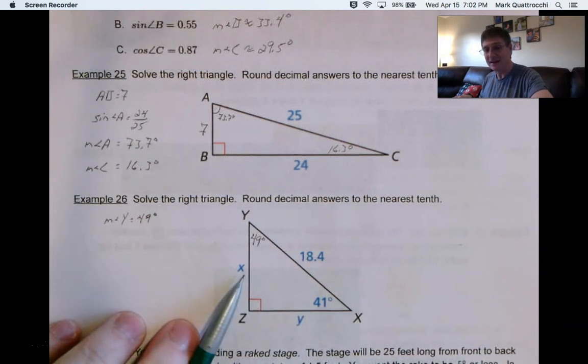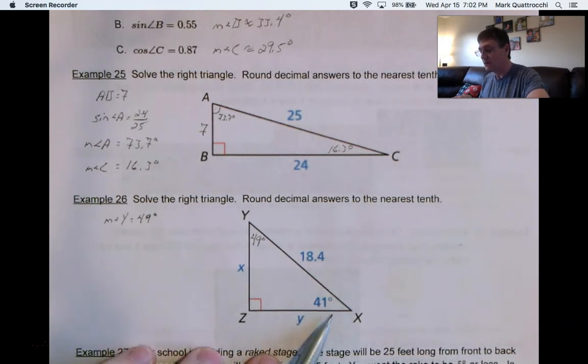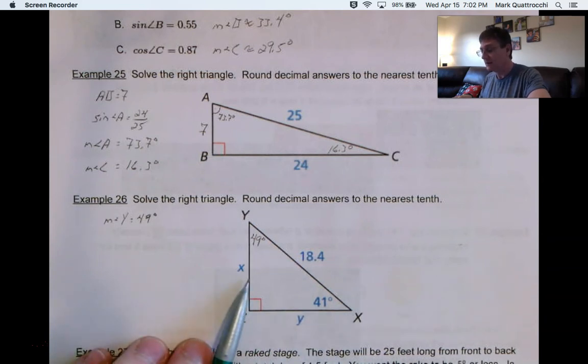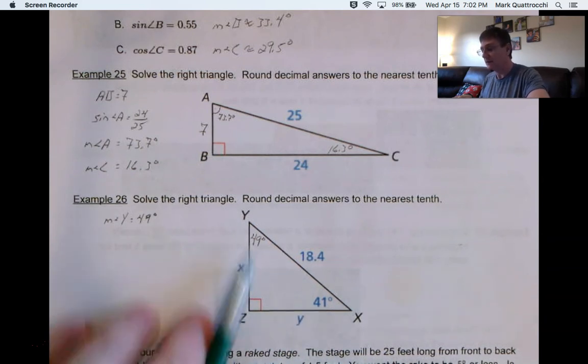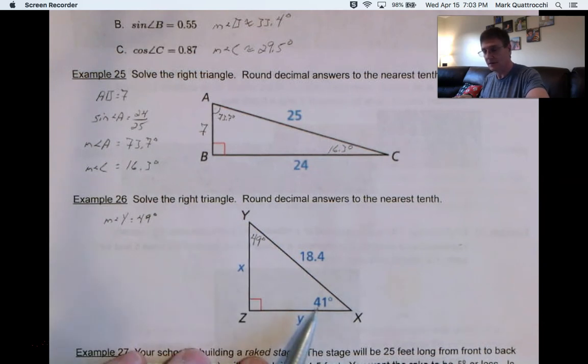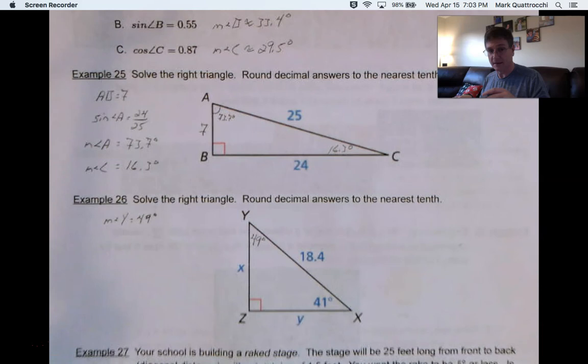To find x, I'm going to do sine. I'm here at angle x. So to find the little x, and notice little x is opposite the big X, little y is opposite the big Y. This would be little z, and that's traditional trig notation.